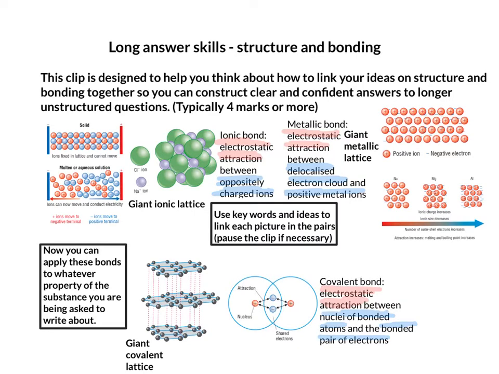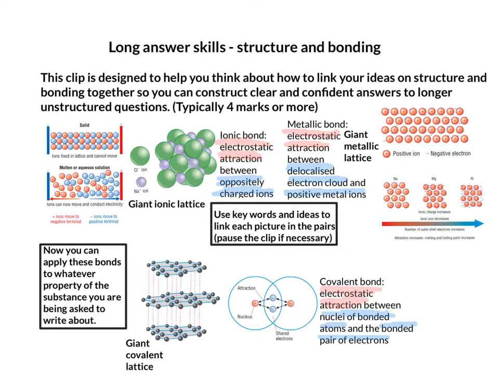Once you've established the definition of the bond, you can use aspects of that definition to explain the different properties you're being asked to write about. There's not room on the screen for me to go through that for every single property of every picture that you see. Instead, we'll look at an exam question that requires you to do this.